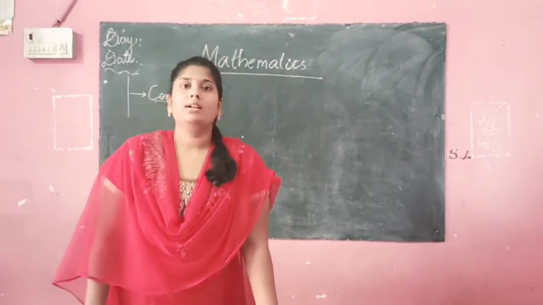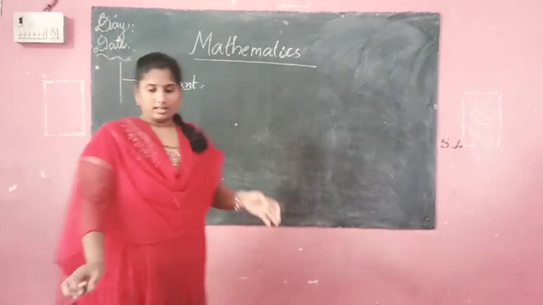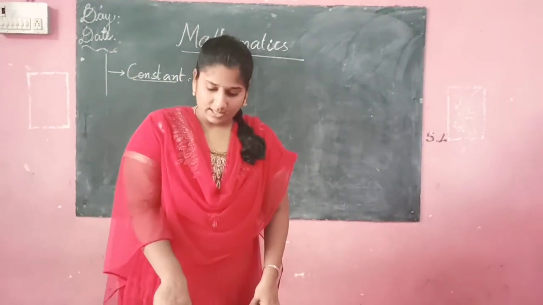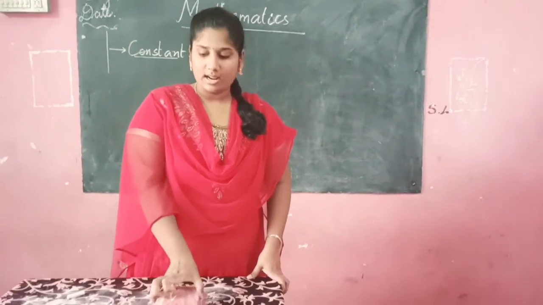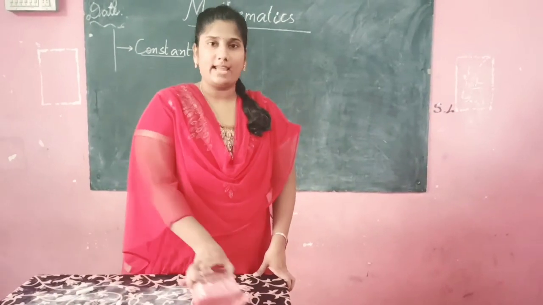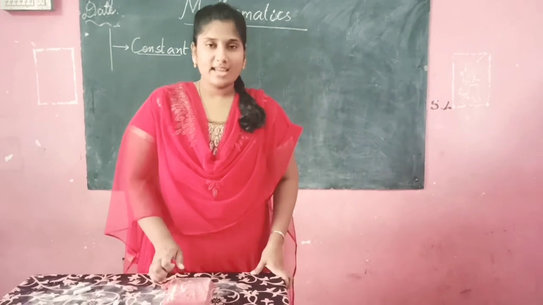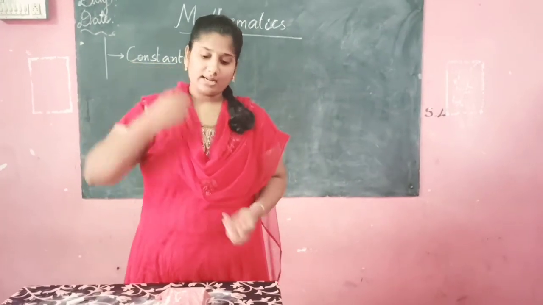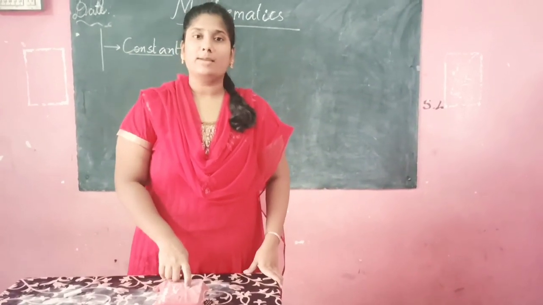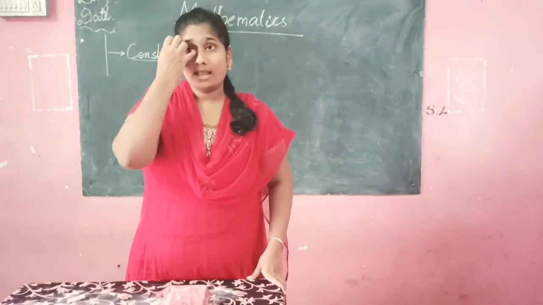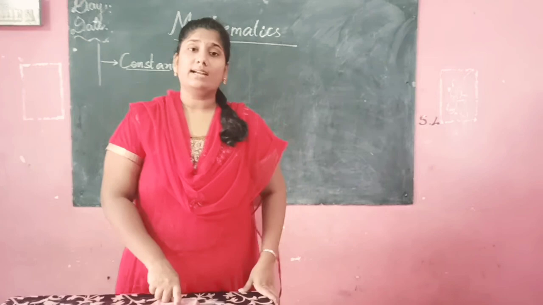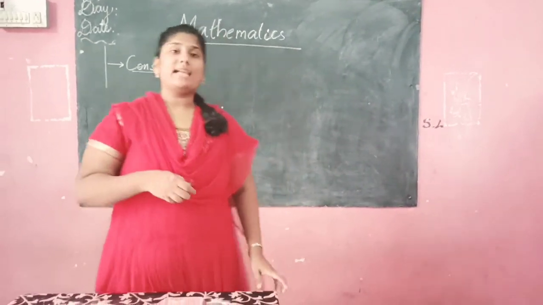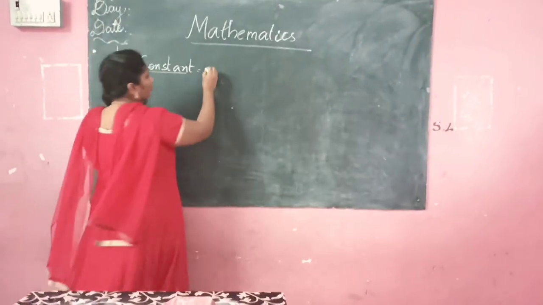For example, if I place this duster like this here, it will be constant here until I move it here and there. Yes or no? Yes. So the duster is sitting here constantly, means it remains constant. It won't change.